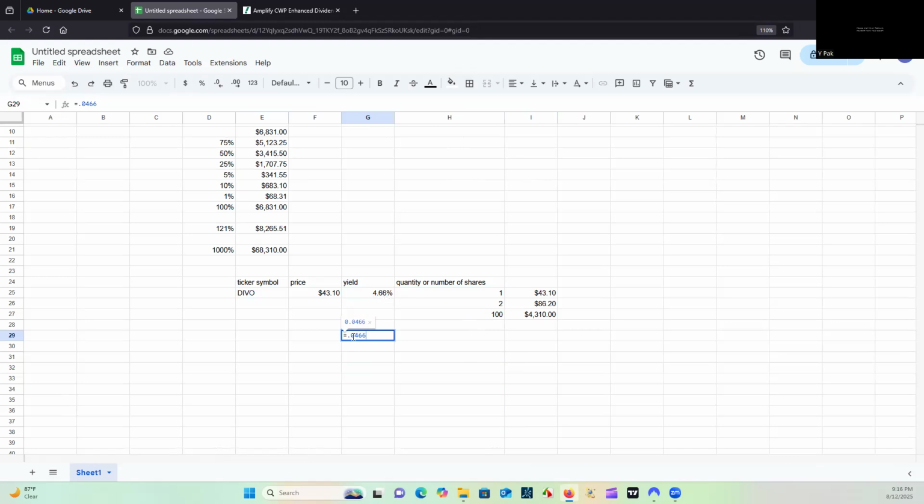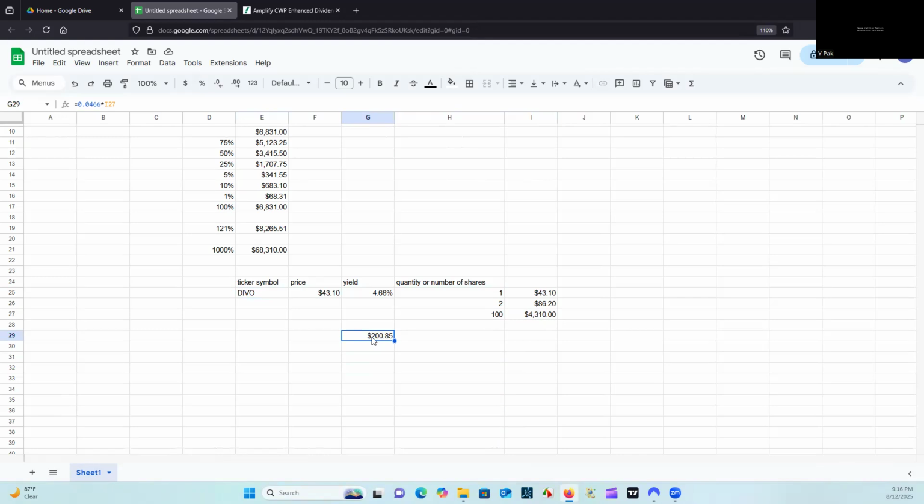That's the decimal format for percent. Then I multiply that by the number I'm interested in, which is 4310. So what's 4.66% of $4,310? It's $200. So they will give you $200 every year for owning 100 shares of this stock.